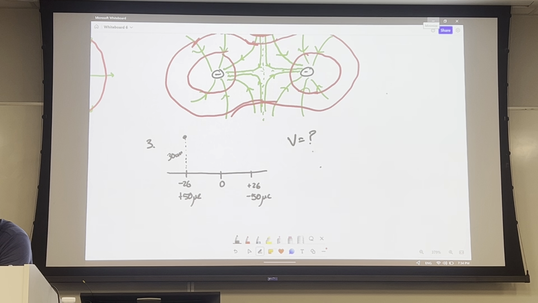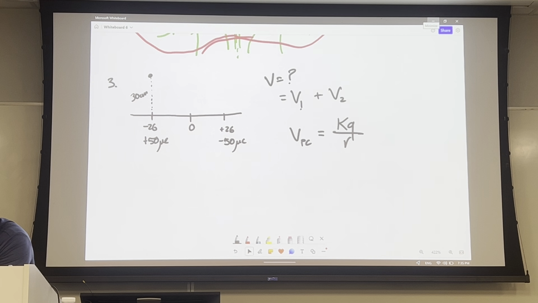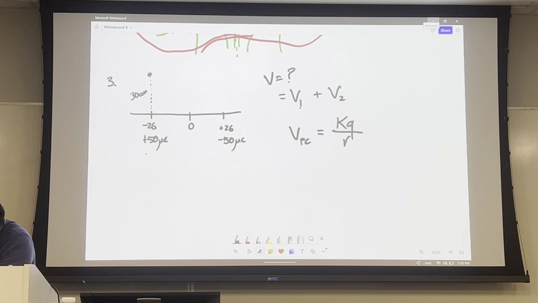And here we have two different contributions, which is simply V1 plus V2. The potential of a point charge is simply KQ over R. We'll call this charge 1 and we'll call this charge 2.